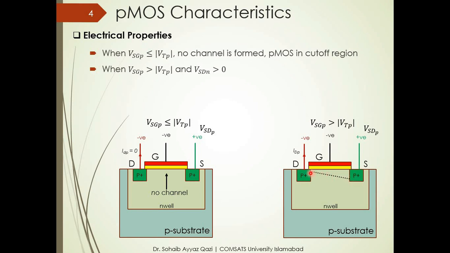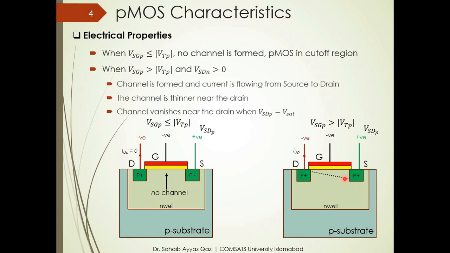Now this channel is the same channel that we studied for NMOS, which is varying over this length, from one pMOS to another pMOS, and the current will start flowing from source to drain terminal. We can observe here that the channel is thinner near the drain region.